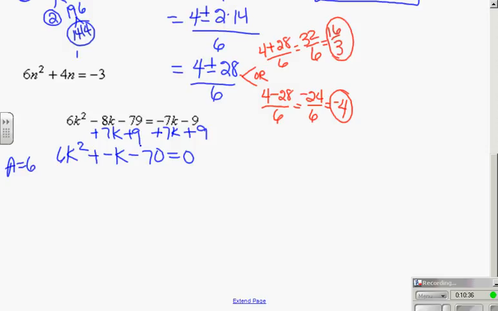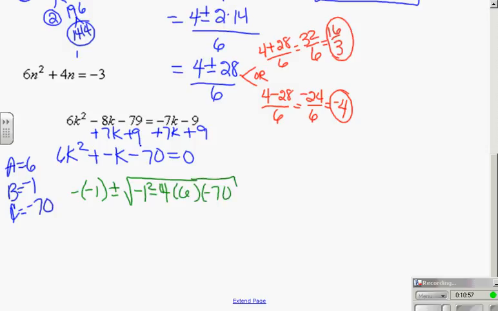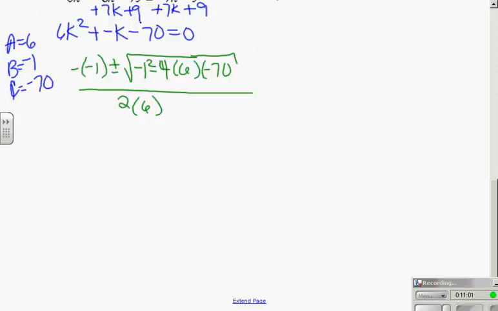So my a is 6, my b is negative 1, and my c is negative 70. So quadratic formula. Opposite of b plus or minus the square root of b squared minus 4 times a times c, all over 2 times a.